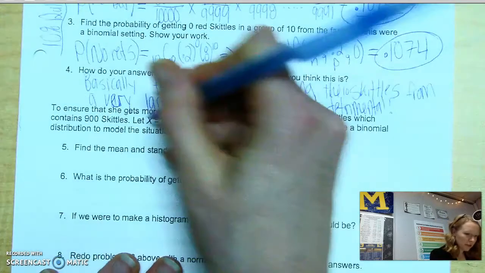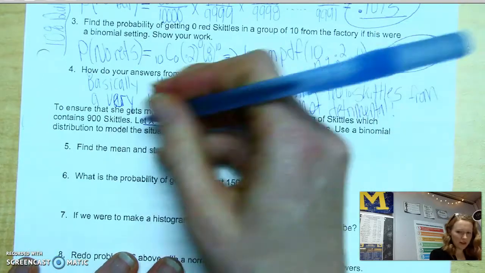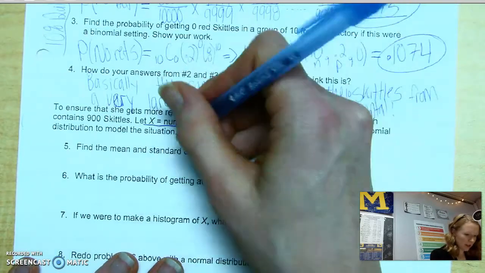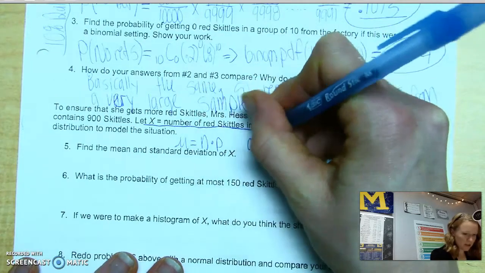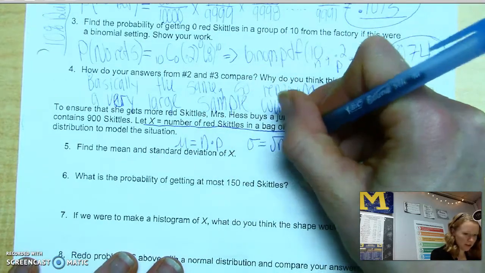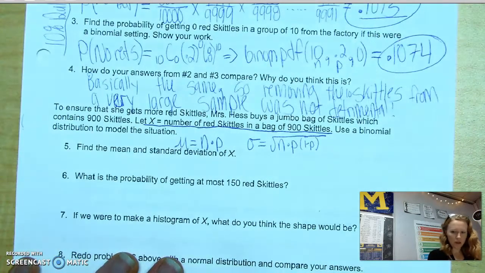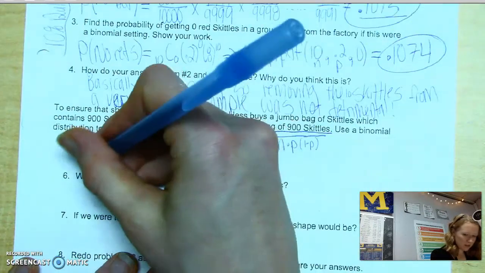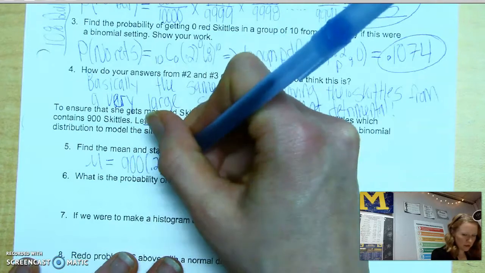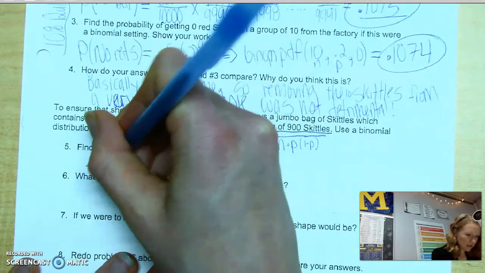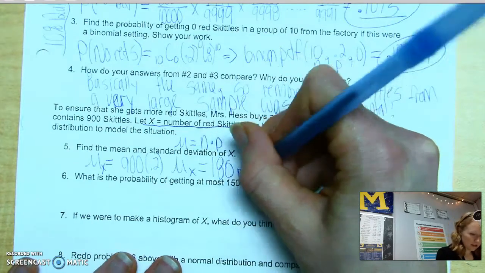So if X is the number of red Skittles in a bag of 900 Skittles, to find the mean and the standard deviation of X, remember our mean formula from yesterday was n times p, and the standard deviation is the square root of n times p times 1 minus p. So the mean is equal to 900 times 0.2, so the mean of X is equal to 180 red Skittles, right?